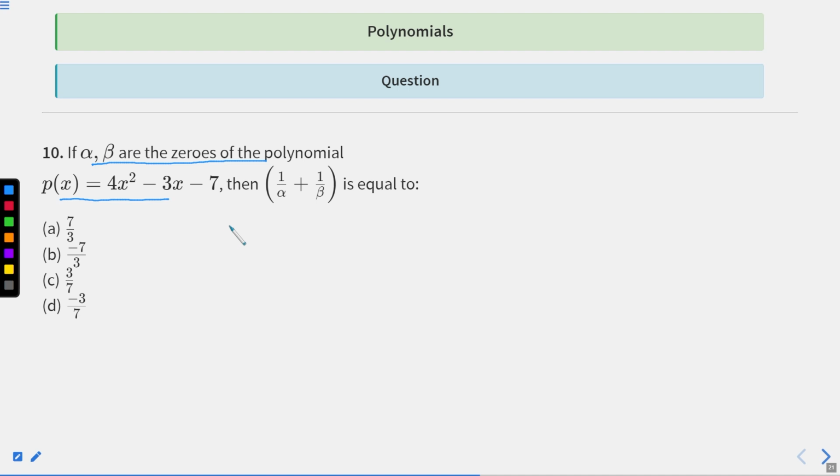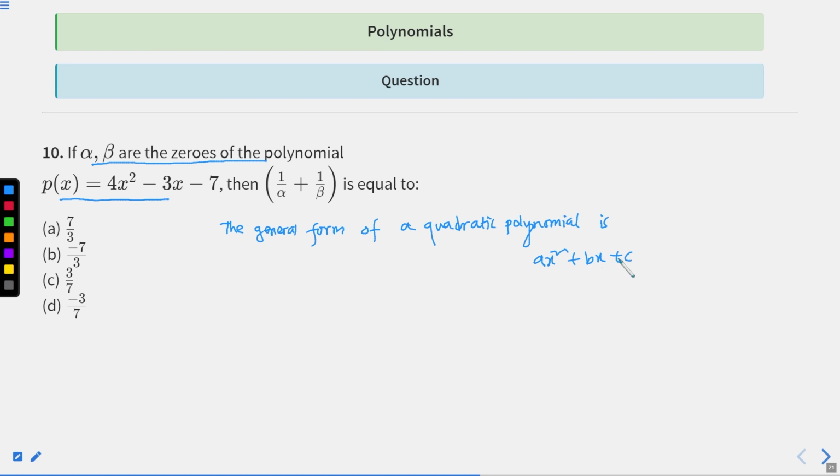So the general form of a quadratic polynomial is ax squared plus bx plus c.